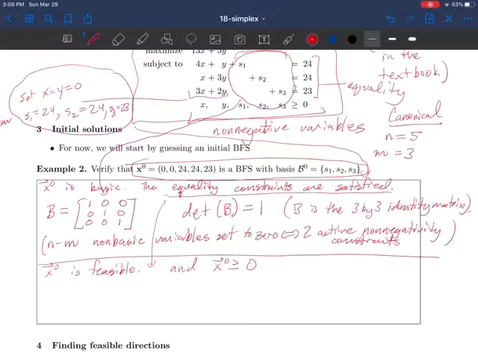And if you just look at the components by examination, we know they're all non-negative. Thus, x0 is a basic feasible solution. And of course, by the theorem that we know, that means that x0 is an extreme point.